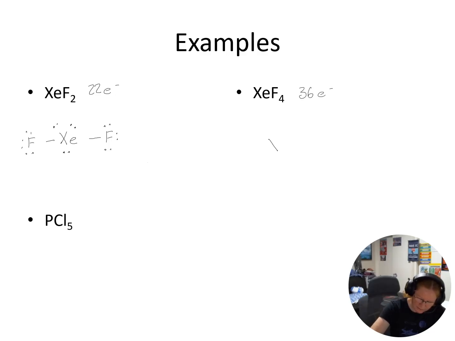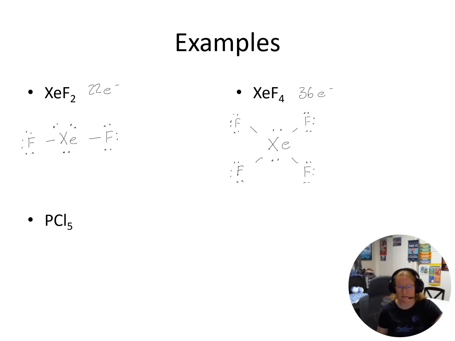Okay. This one, 36 electrons. It's the same thing. Go ahead and take each of those fluorines, give them their single bond. And then you end up with 2 left over, or 2 sets of lone pairs left over, so 4 electrons left over, and you get that. Okay?